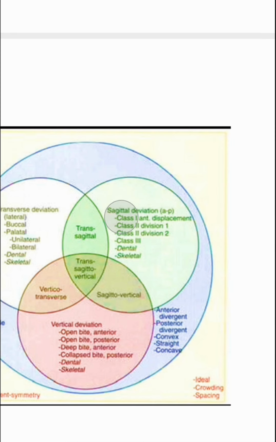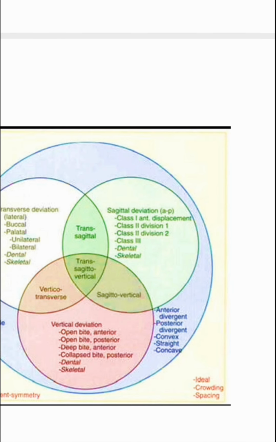Step 4 is class. It is assessment of sagittal relationship. It is classified as Angle's class 1, class 2 division 1, class 2 division 2, class 3, and differentiation is made between skeletal and dental malocclusion.